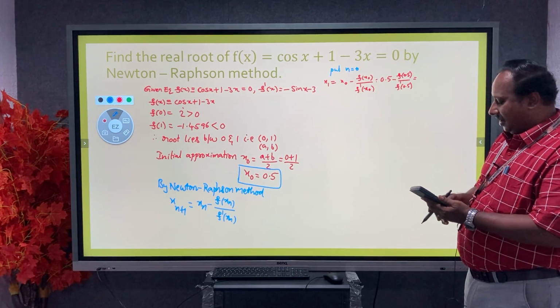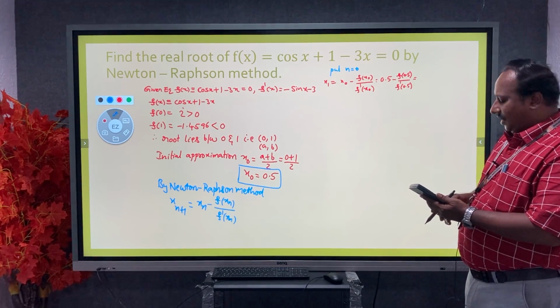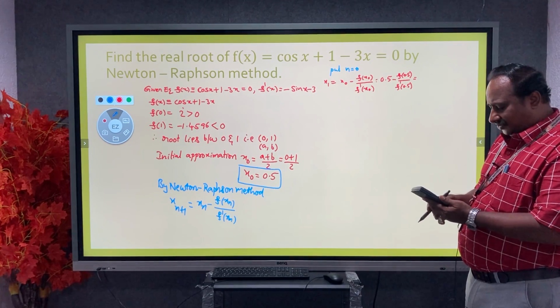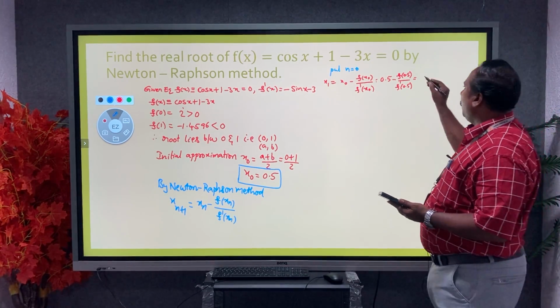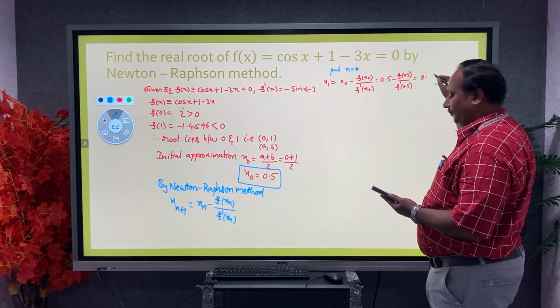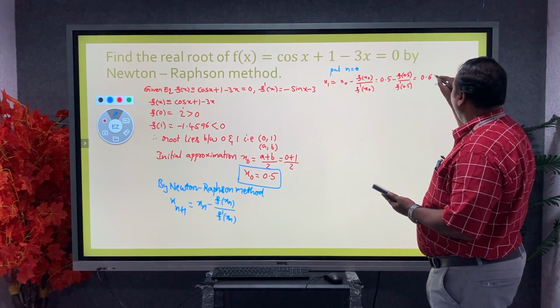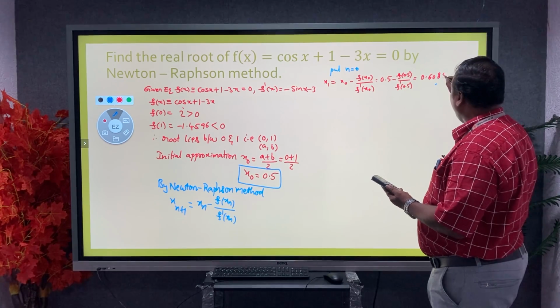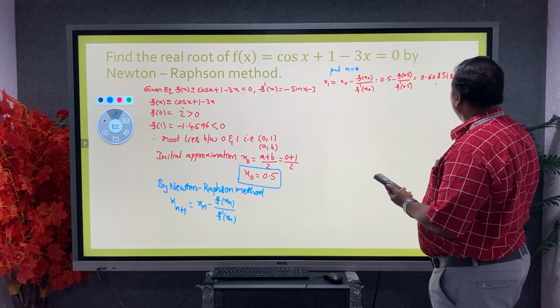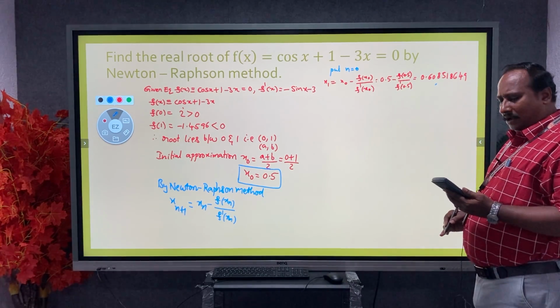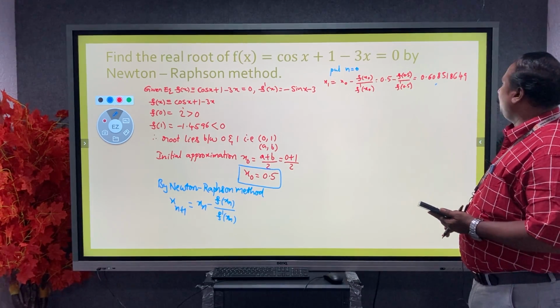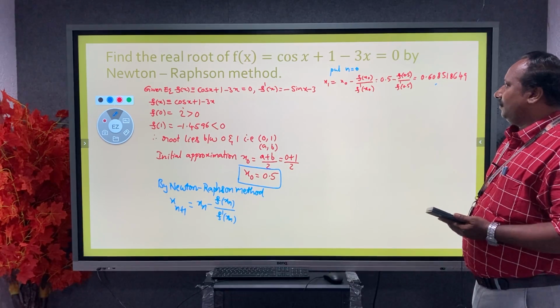So minus sin 0.5 minus 3, bracket close. Then press equal, and we get the answer 0.608518649. So this is the x1 value.